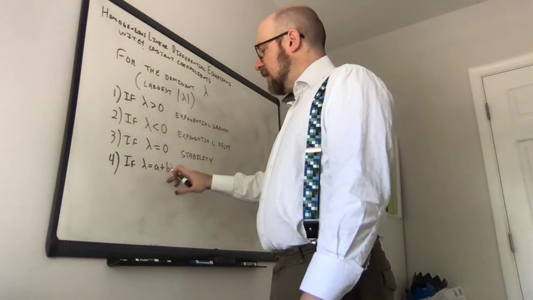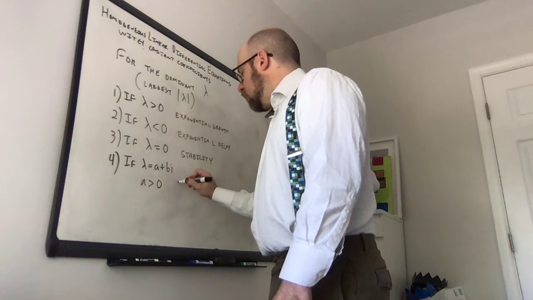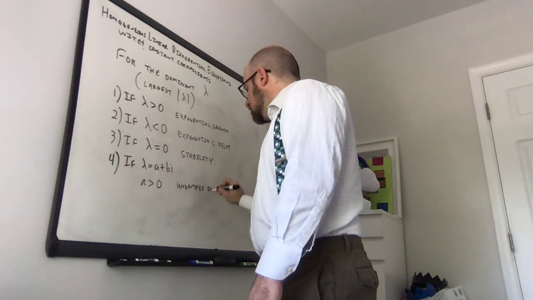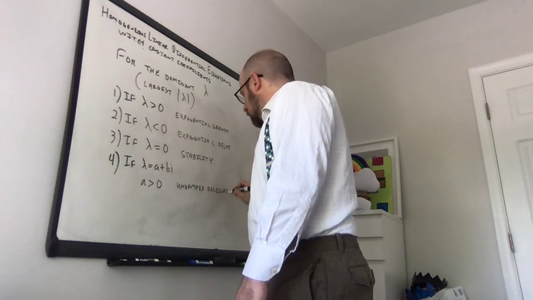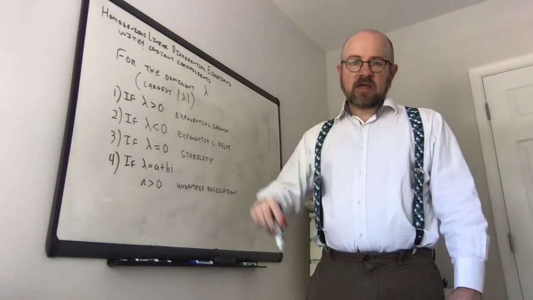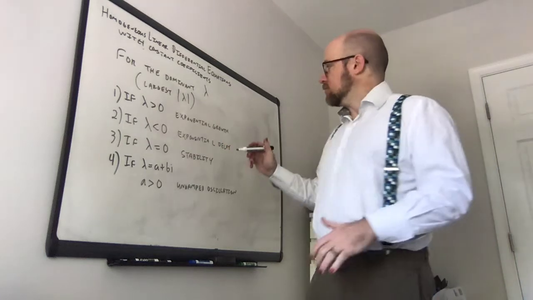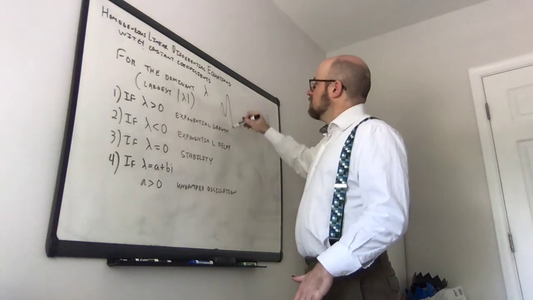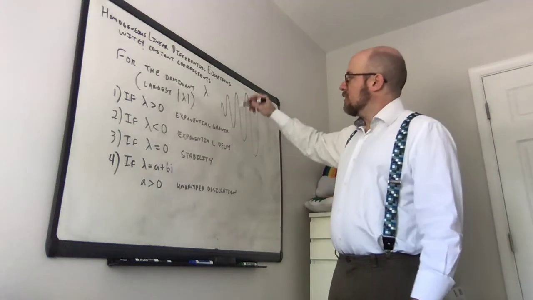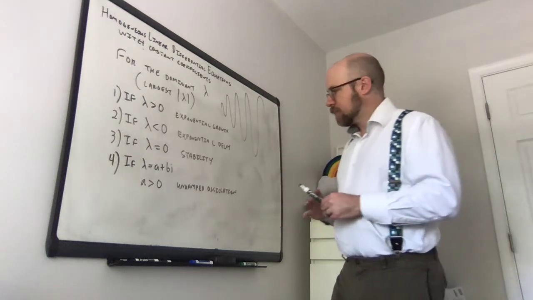So if lambda is equal to a plus bi, if a is greater than 0, we get what's called undamped oscillation. So undamped oscillation means that it's going to be going up and down, but the amplitude is going to get larger and larger. So undamped oscillation would be something like this, where you've got this kind of curve, but it gets bigger and bigger and bigger as it goes out. Okay?